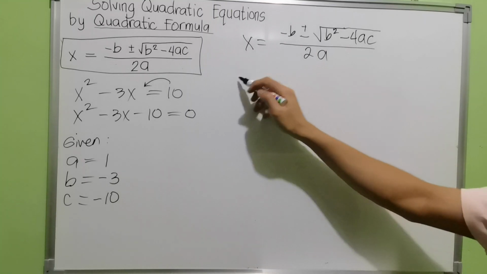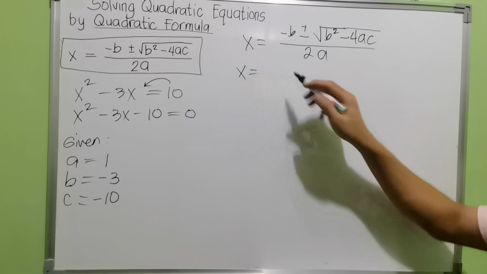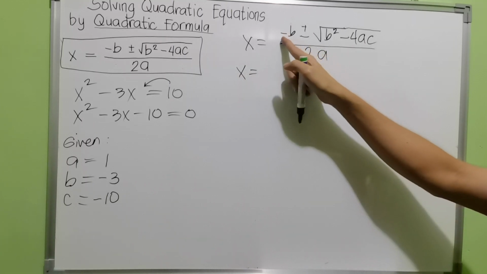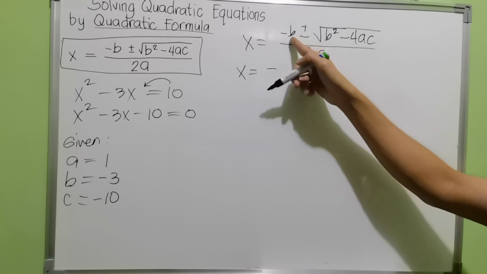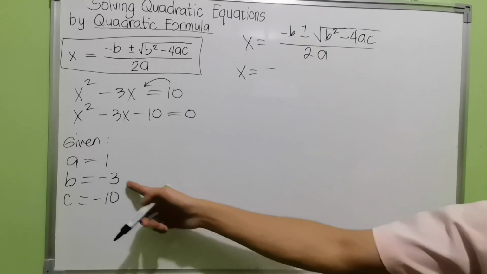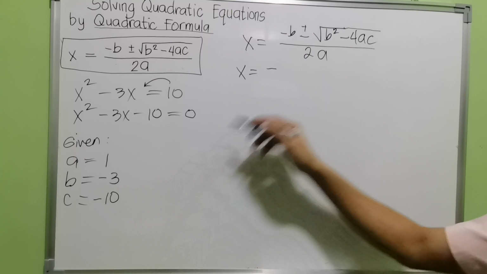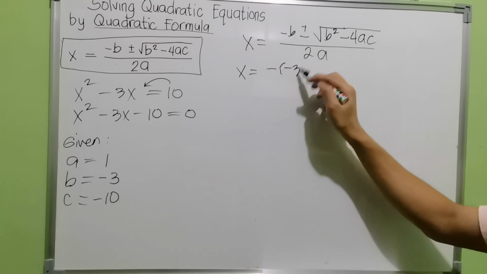So we copy the x equals. In the formula, we have negative, so we copy negative. We have b, so we substitute the value of b, which is negative 3. So we write negative, negative 3.